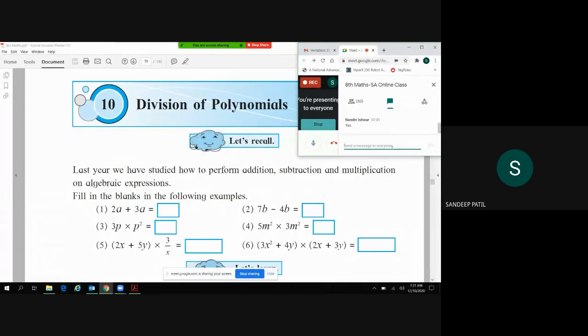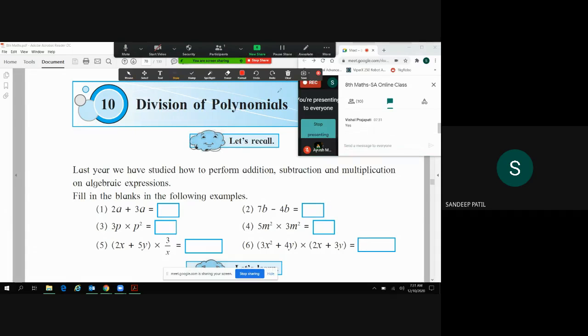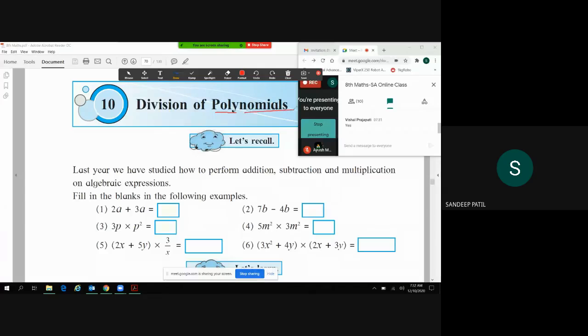Yeah, so you can see a small chat box so that I can use more area. So last time we discussed discount and commission. Now we will start with the new chapter, that is division of polynomials. As the word suggests, this is poly and nomials, right?